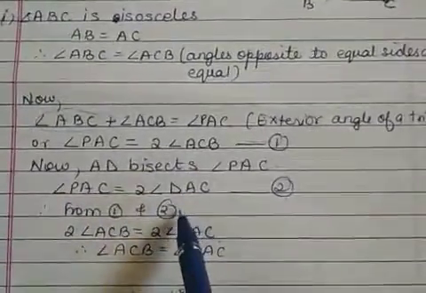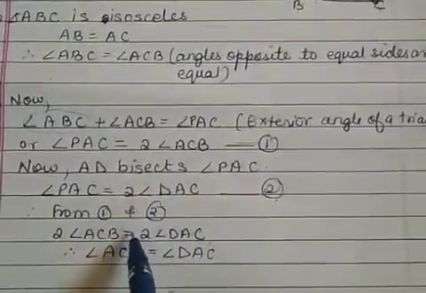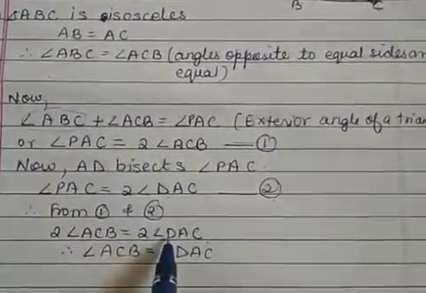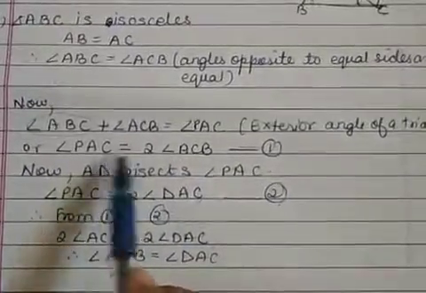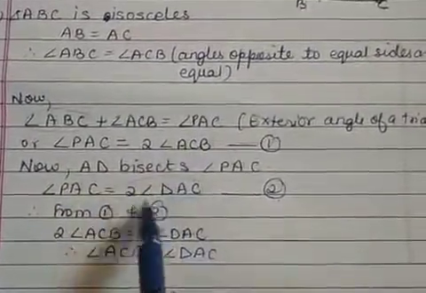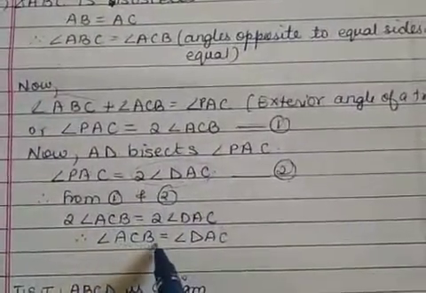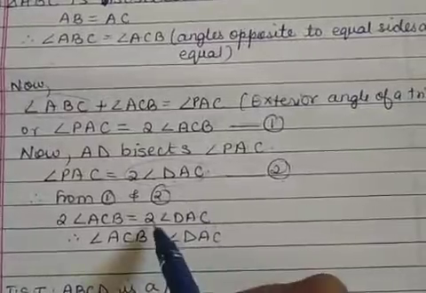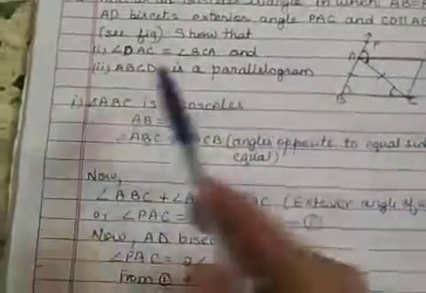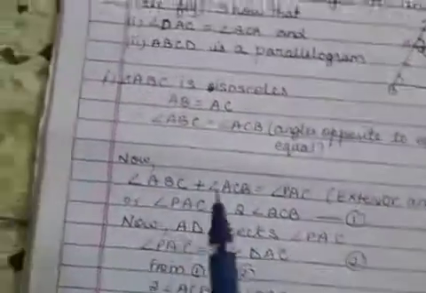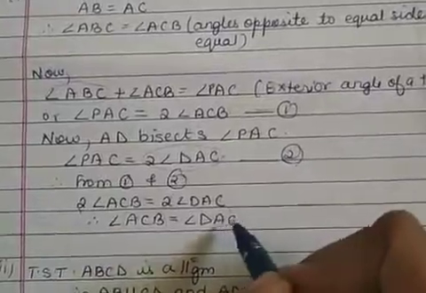So 2 times angle ACB is equal to 2 times angle DAC. We can cancel 2 and 2. So we had to prove that angle DAC is equal to angle BCA. ACB is the same as BCA. So we have proved the first part.